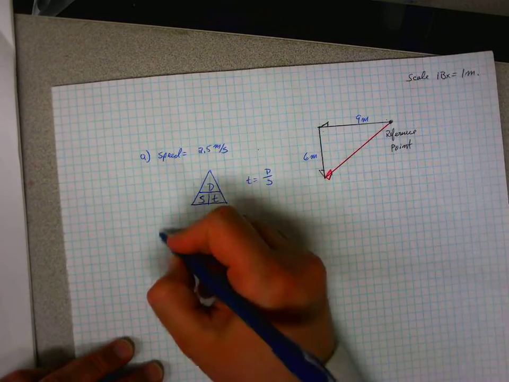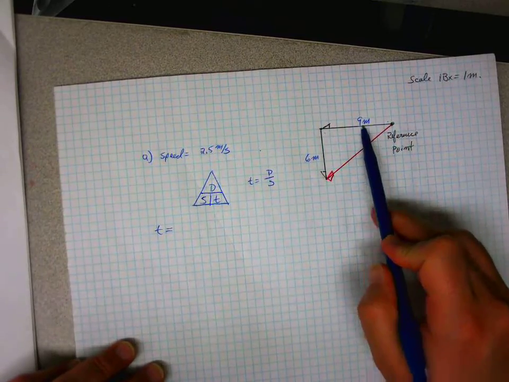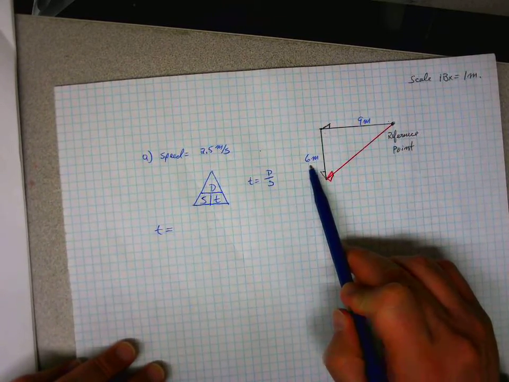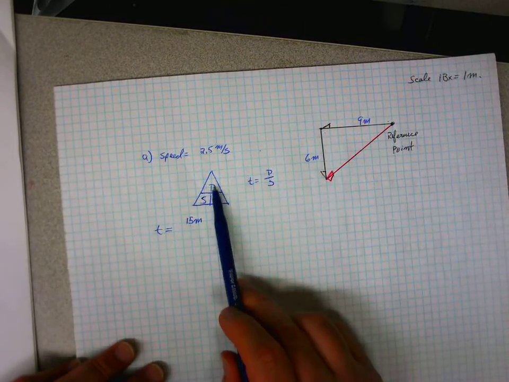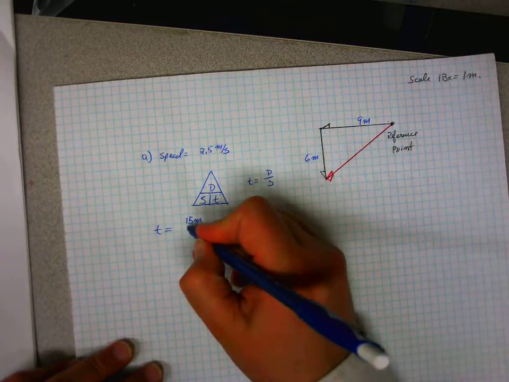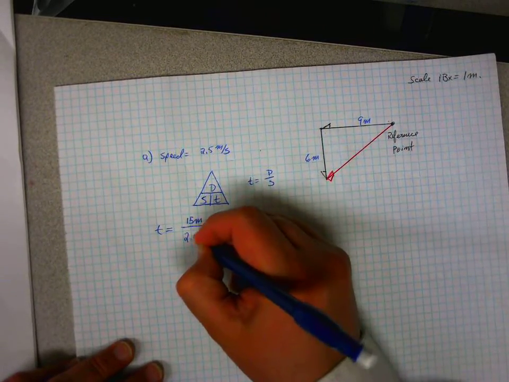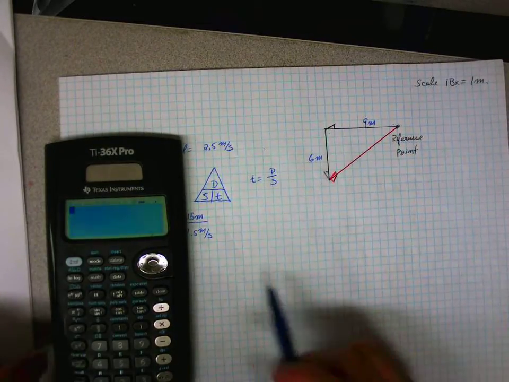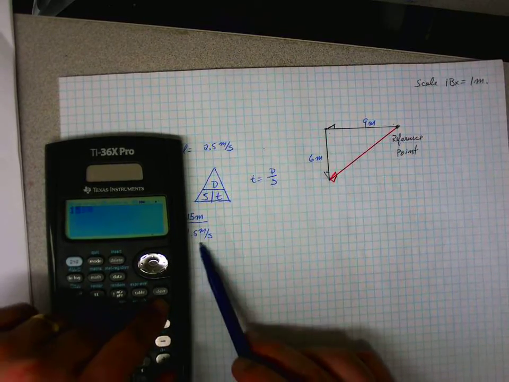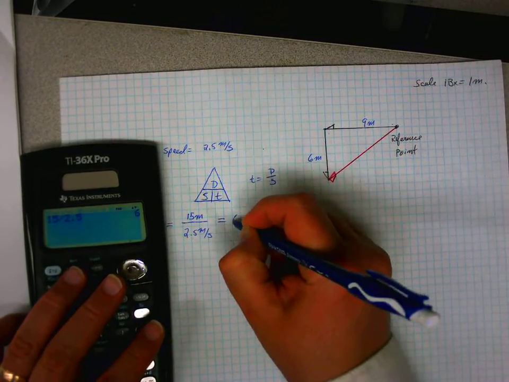So let's plug and chug. Time is equal to 9 plus 6, which gives us 15 meters for the distance, divided by the speed, which is 2.5 meters per second. Now we take our handy dandy calculator, and we take 15 and divide it by 2.5, and we get a time of 6 seconds.